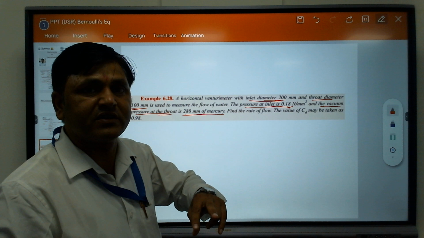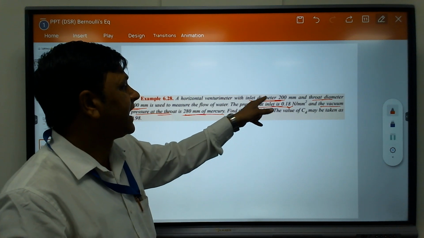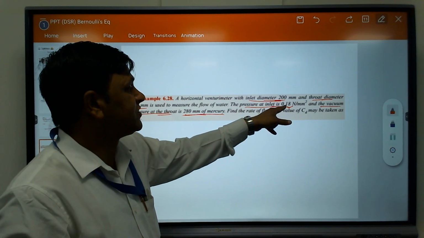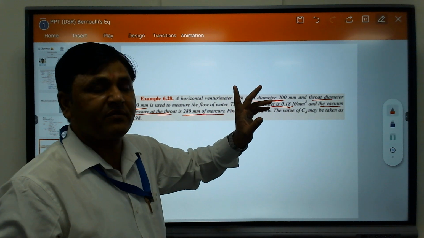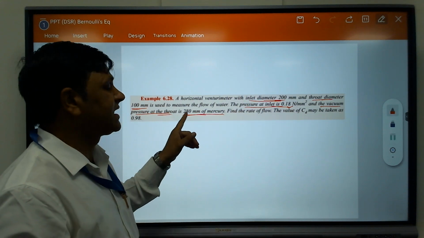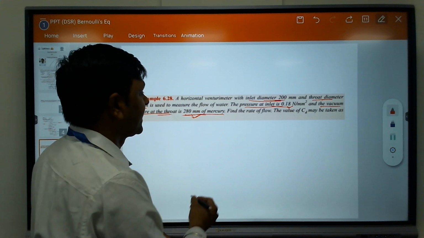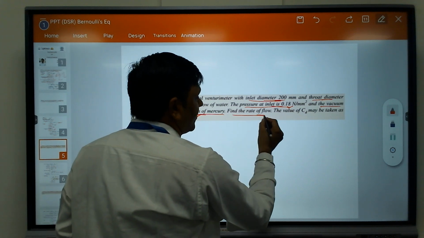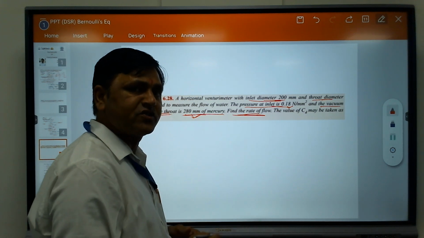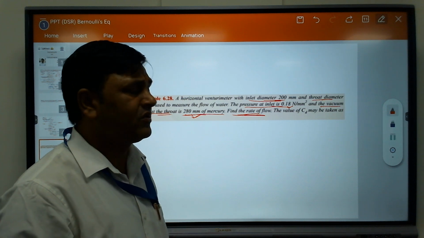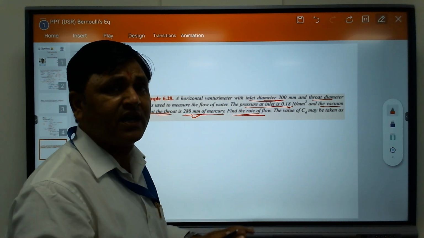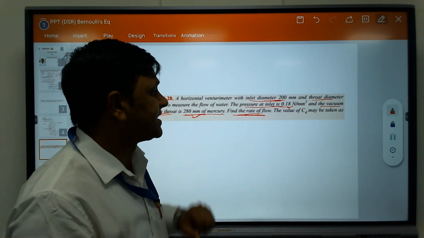Two pressures are given in this numerical. First, at the inlet section, 0.18 Newton per mm square, and second, the vacuum pressure at the throat, 280 mm of mercury. Find the flow rate. In this numerical we will also find the flow rate, but in terms of the pressure.